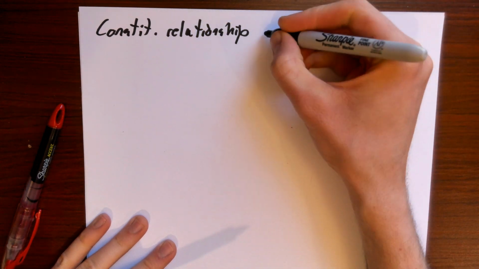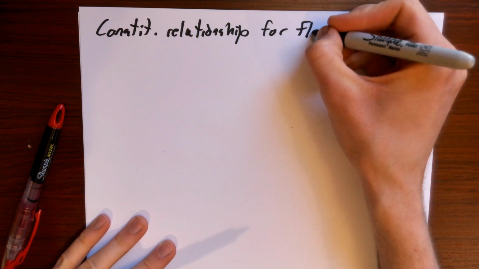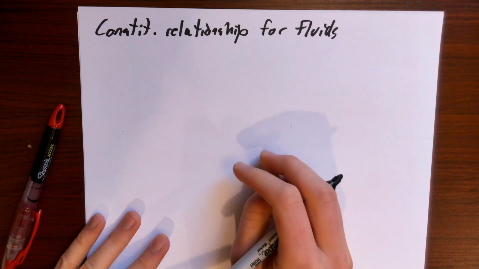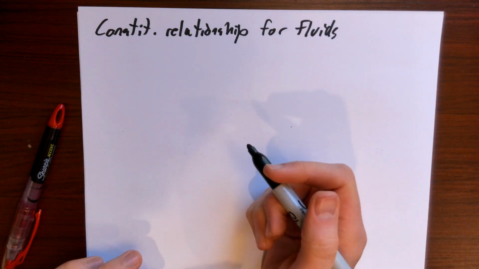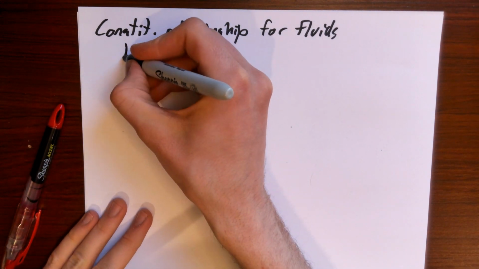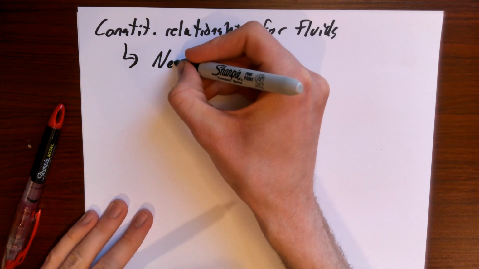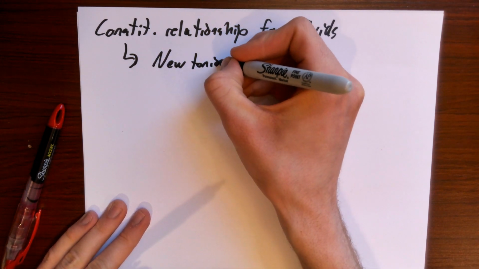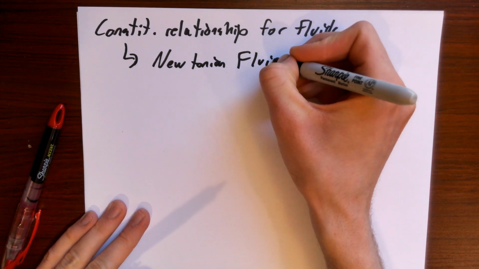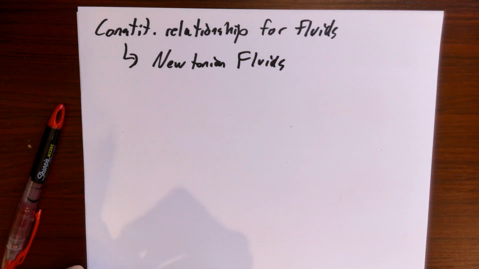Here's a constitutive relationship for fluids. It's not the only one, and it's not necessarily the right one for all fluids, but it's certainly the simplest and the most useful. We'll talk about non-Newtonian fluids in our next lecture.